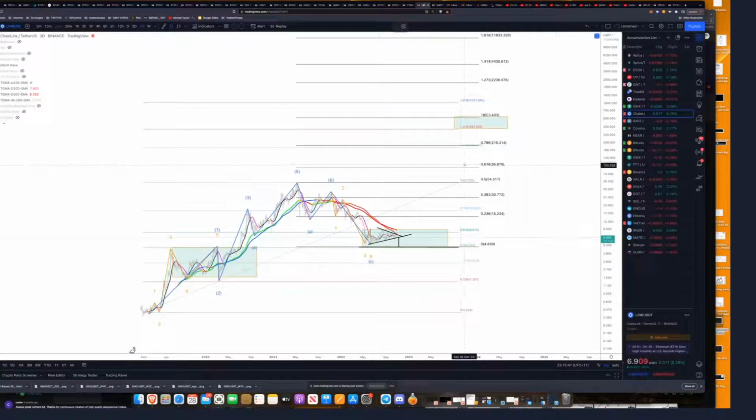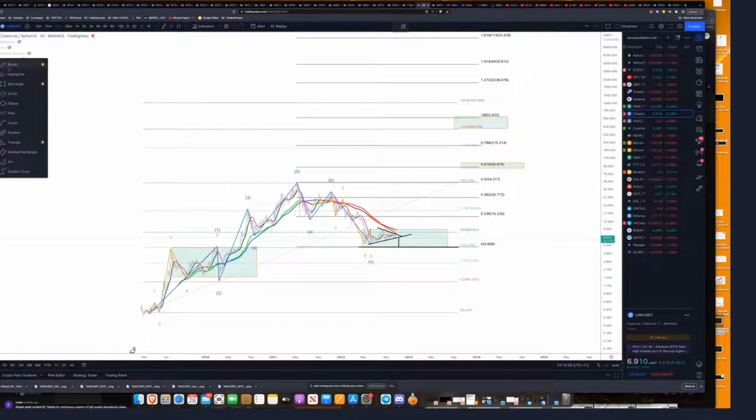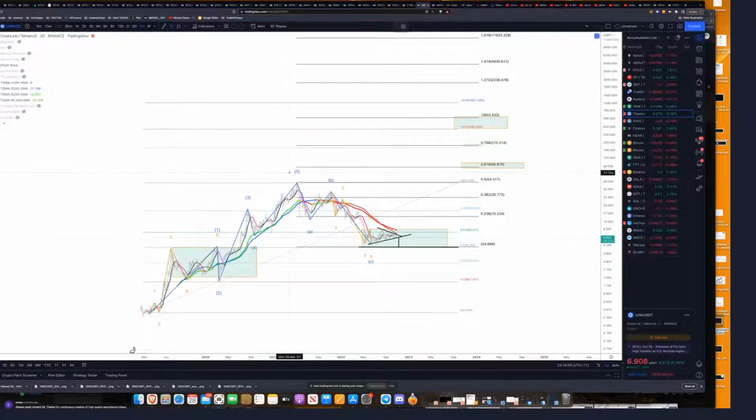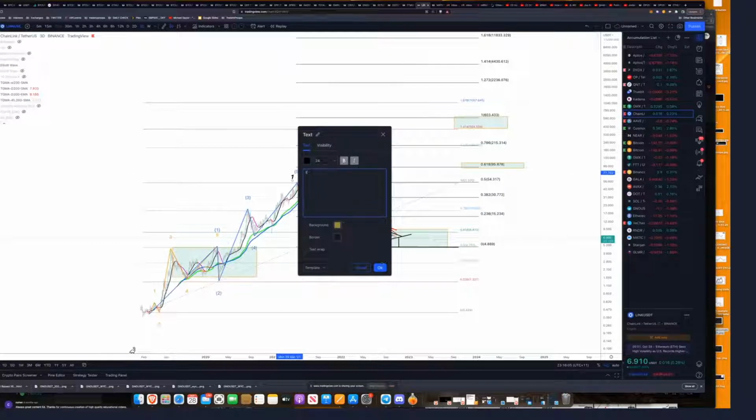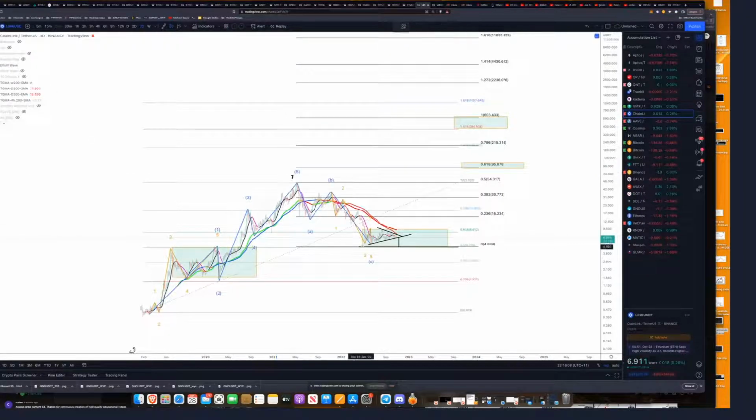First level of resistance will probably be 618 here. If this is the bottom, I don't think it's the bottom though. That's the thing. This is our 1. This is our 2.